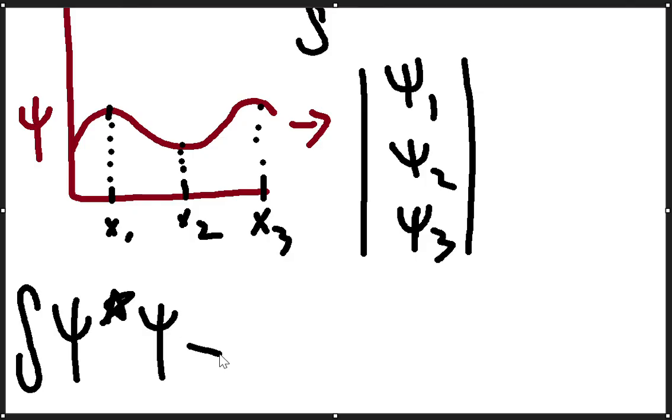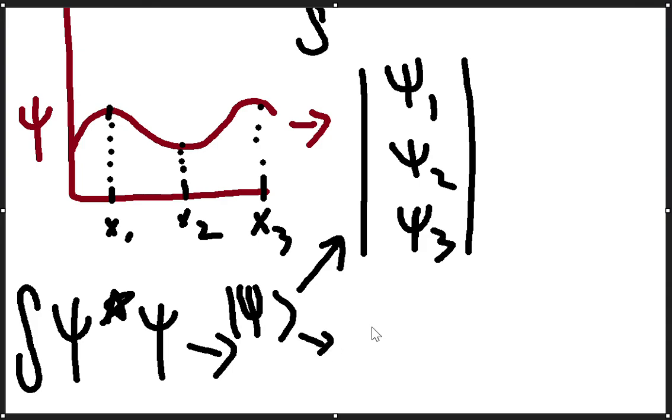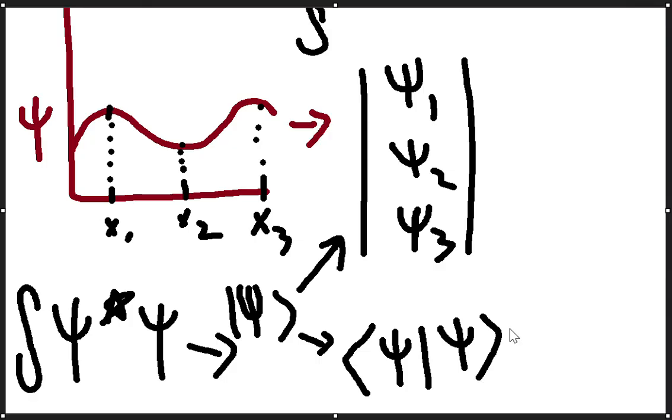Well, we can actually approximate it by just turning psi into a vector, just like here, and then we can just take the dot product with itself. So we'll take the bra of psi and the ket of psi, and this should be approximately equal to the probability of the particle being in between, say, this bit and this bit.